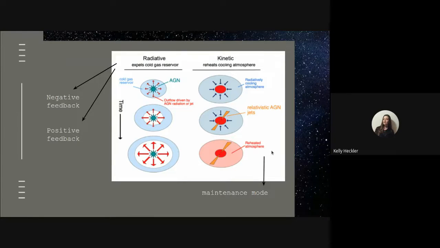As a result, star formation in the galaxy can be quenched by heating the gas, which prevents the formation of new stars. The kinetic mode is also known as maintenance mode because it regulates the star formation rate and the black hole growth by balancing the heating and cooling of the galaxy's gas.